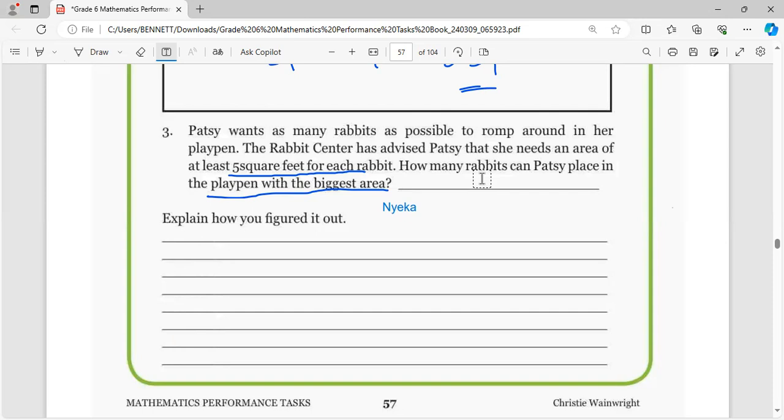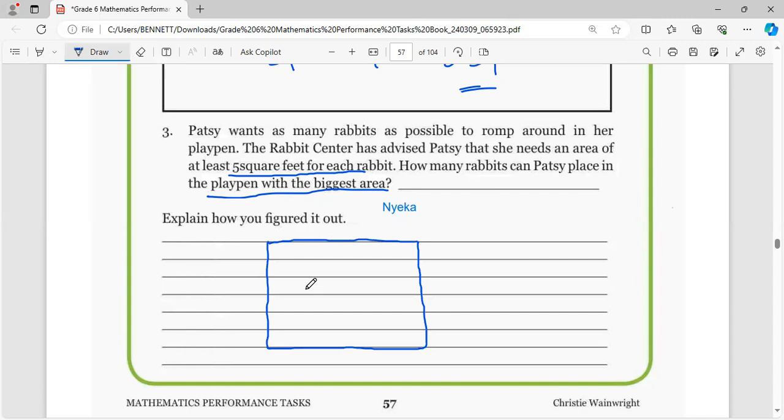Alright, so Nika, I'm going to put you on the floor now. Okay, so the way I explained it is that in the task below, we found the area for rectangles C and D and for the square E. And E has the area of 25 square feet, so I used that since it was the biggest.